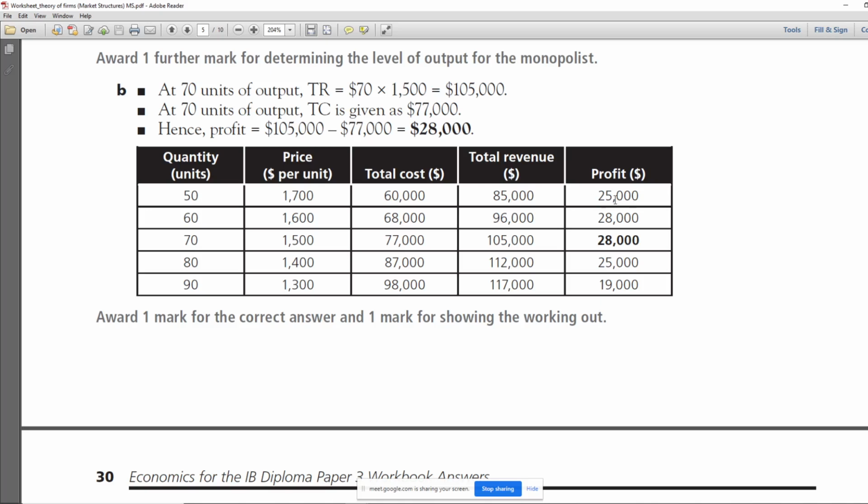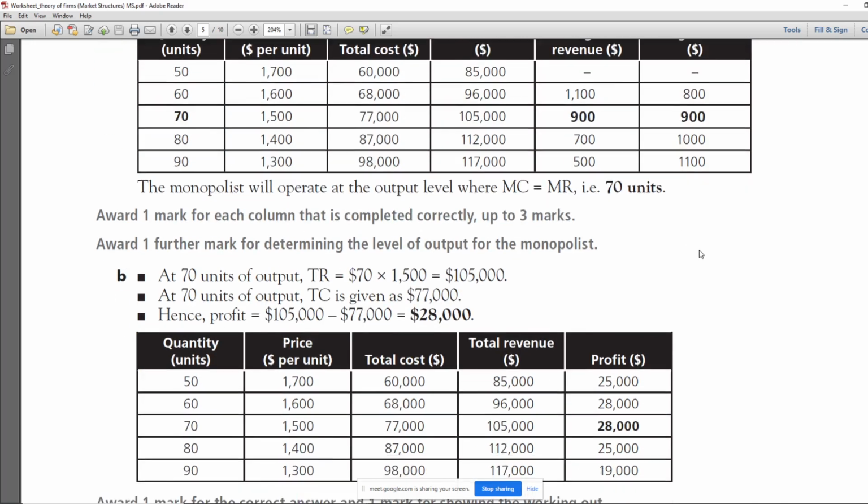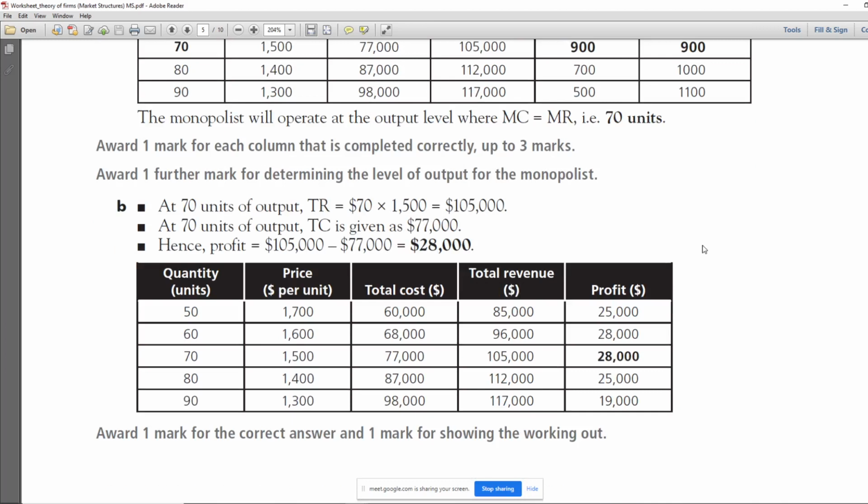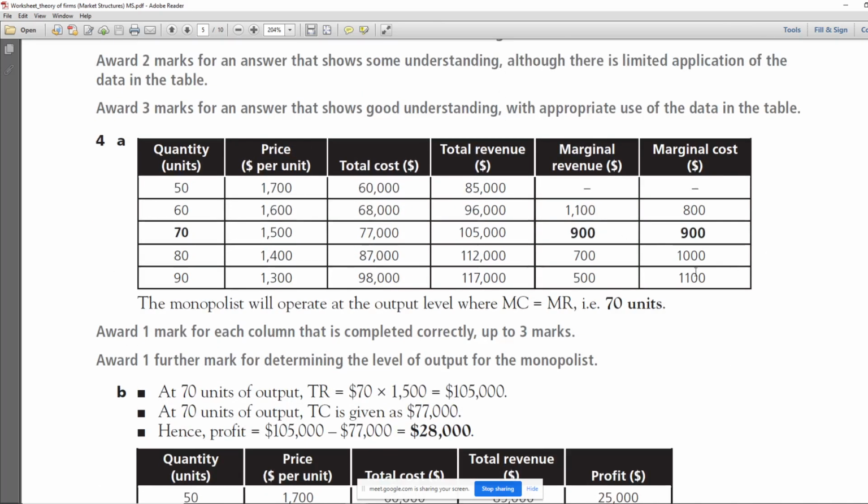Okay, right? And at the same time, which output they are going to produce, because they are profit maximizing companies. And from question A, you will see from the answer, at quantity of 70, their marginal revenue is equal to the marginal cost. So pretty sure they are going to produce their products at 70 output.